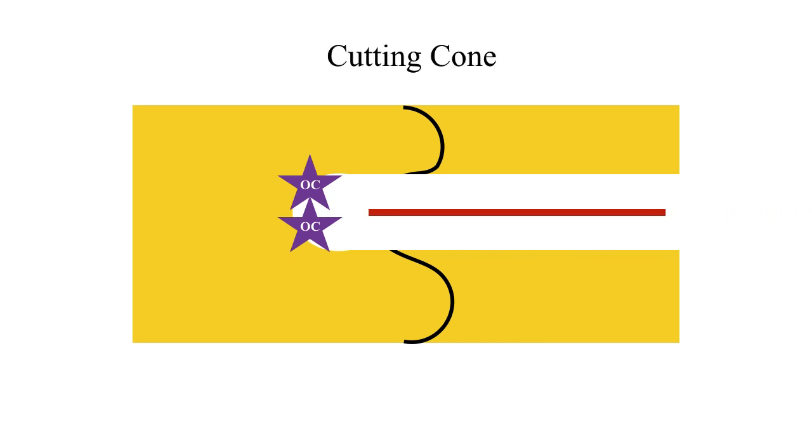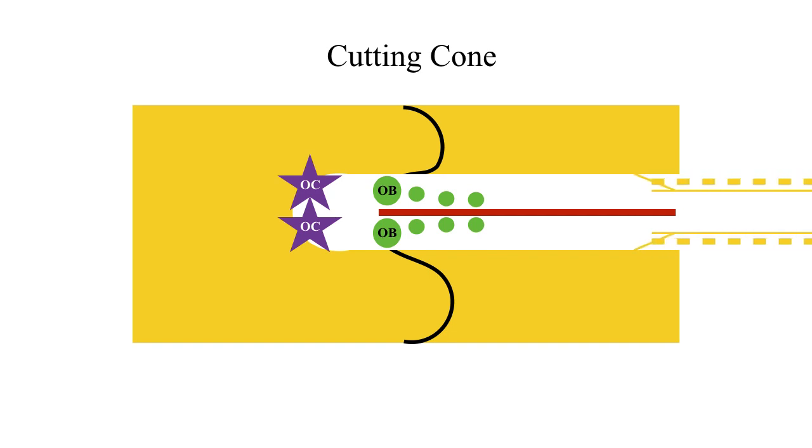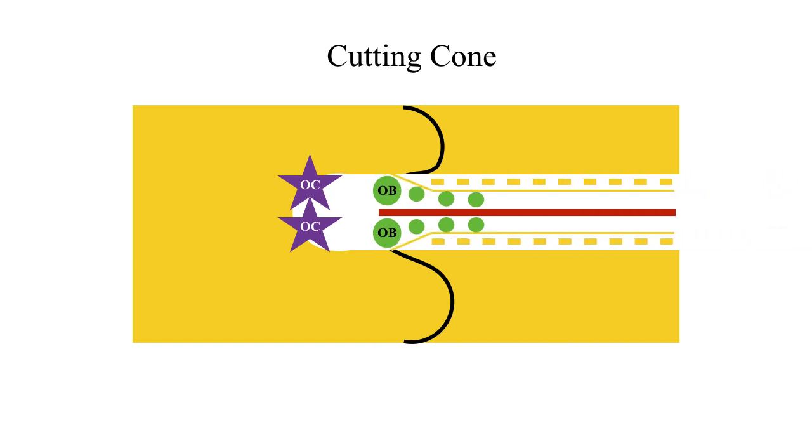Once this cutting cone is formed, blood vessels enter into this cutting cone. These blood vessels bring the osteoblasts subsequent to the osteoclasts, because once the osteoclasts remove the dead bone, there is a gap in which these osteoblasts lay down new bone along its path, and lamellar bone gets deposited in this cutting cone.